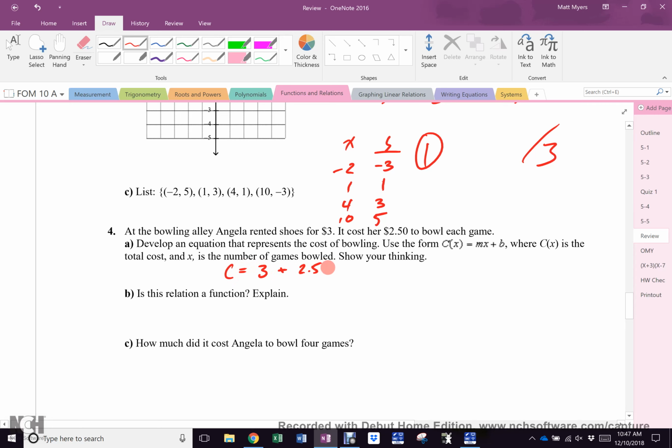The game is what's going to change, so we're going to make it G. Or x, that's fine. Doesn't matter. You could write this in any order. You could have written it as 2.5G plus 3. Doesn't matter. 2.5x plus 3. 2.5 cube plus 3. 2.5 alpha plus 3. I don't care. 2.5 lightning bolt plus 3. Doesn't matter. That gets you 1 mark.